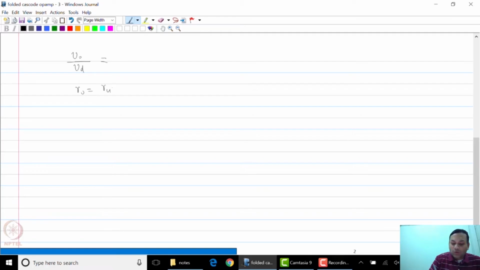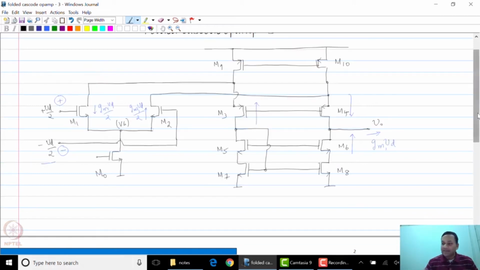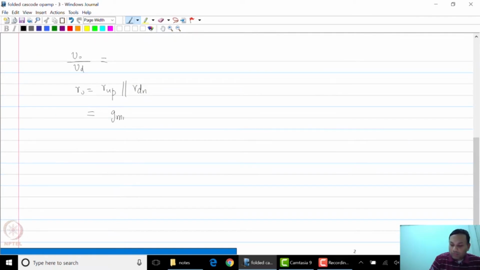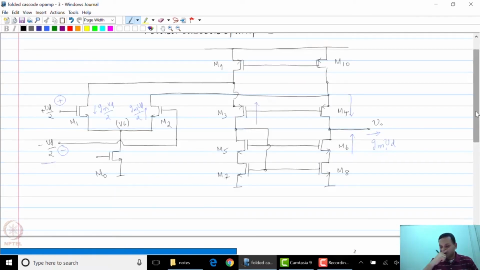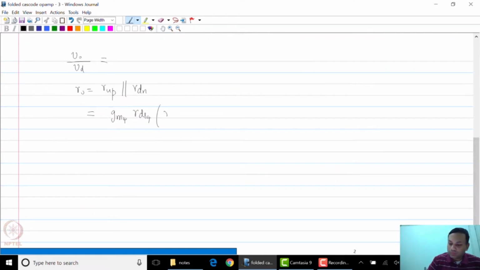So R out has two components: an upward looking resistance and a downward looking resistance. The upward looking resistance is nothing but Gm4 RDS4 times the RDS of M10 in parallel with the RDS of M2.